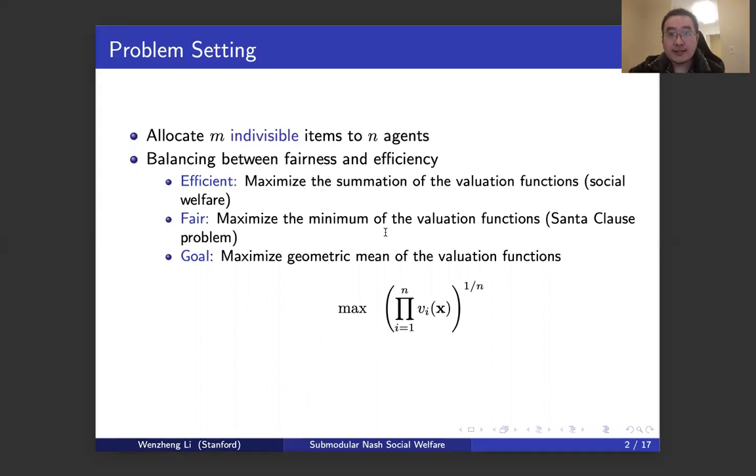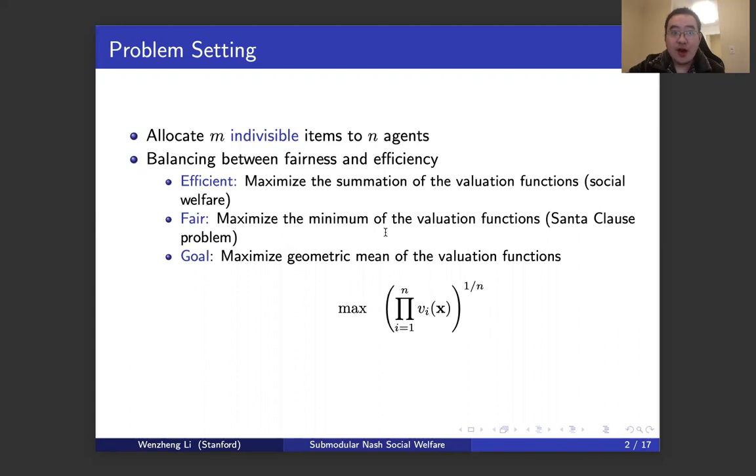As for fairness, one popular choice is to maximize the minimal. The famous Santa Claus problem is a special case of this. So to balance between fairness and efficiency, here we will try to maximize the geometric mean of all valuation functions, which is between the summation and the minimal.